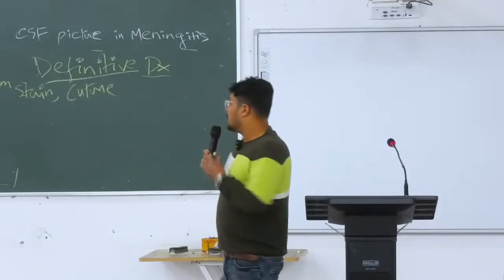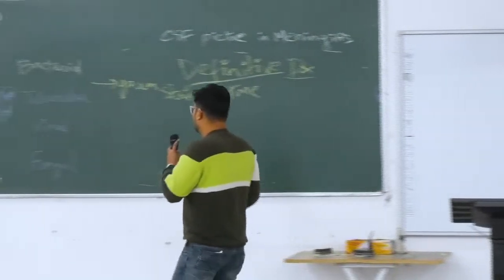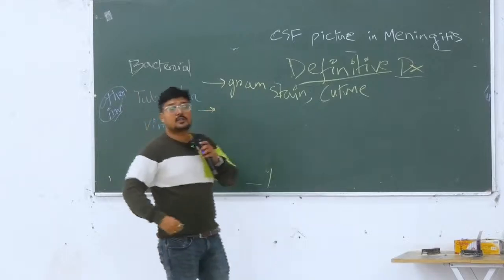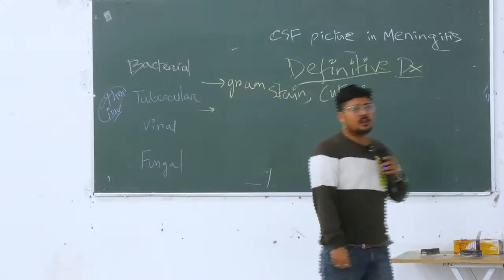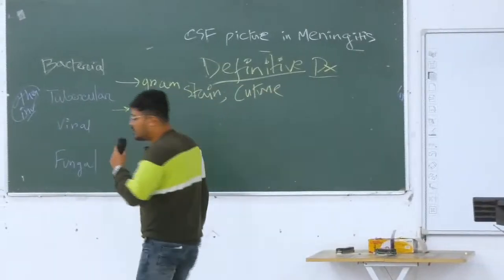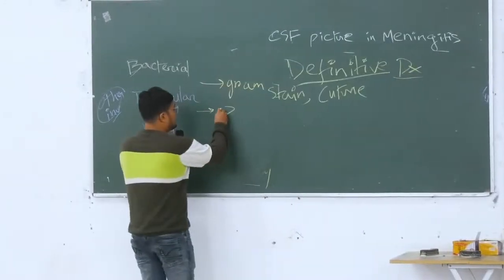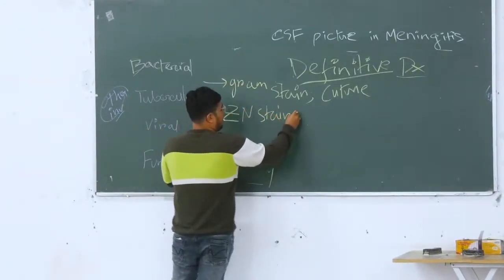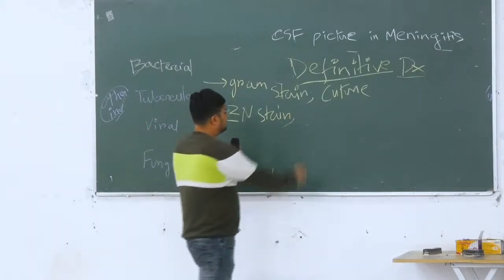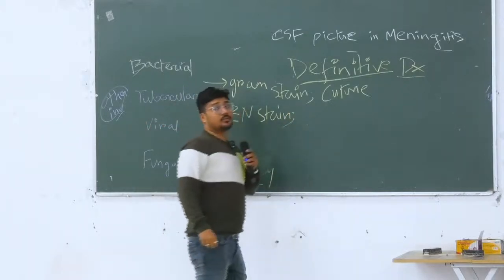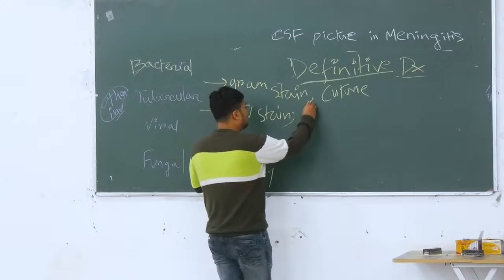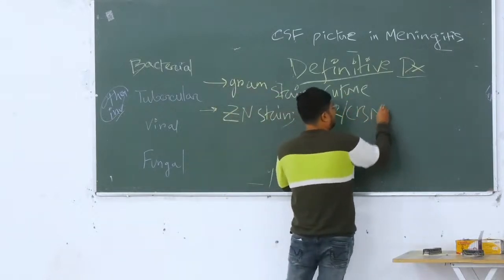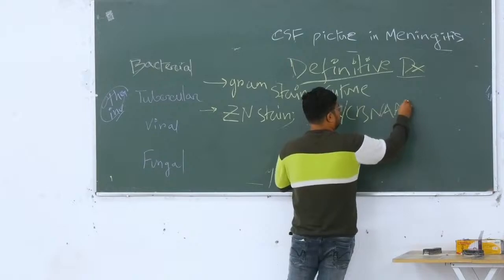Okay. Now same as tubercular meningitis: when you suspect the patient is suffering from tubercular meningitis, then what we can do from the CSF is ZN stain, and for isolation of tuberculosis MTB, PCR or CBNAAT, nucleic acid amplification test.